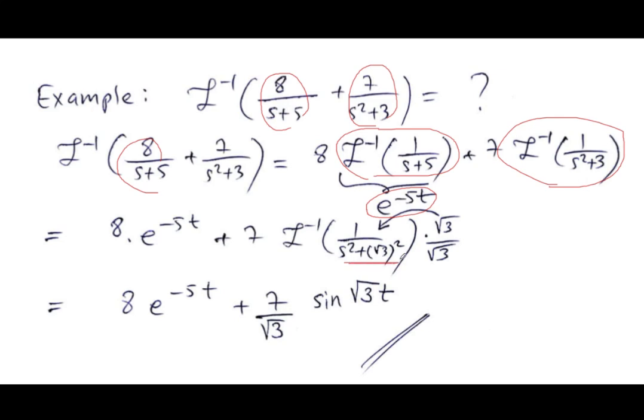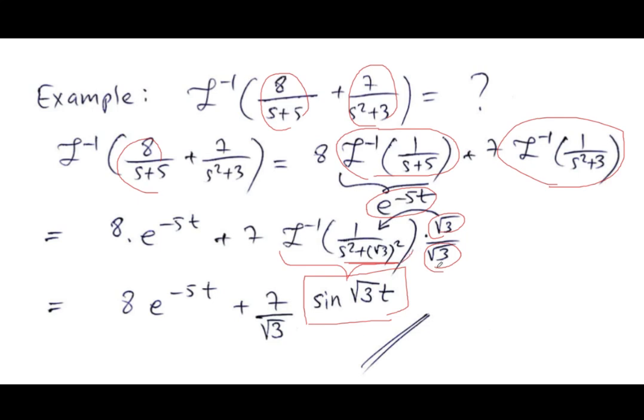As you see, we just rewrite it. We have written this again, and then we multiply and divide by the square root of 3. And doing this, we can take one of this square root of 3 inside into the numerator, and then this gives us the sine of square root of 3 times t as the inverse Laplace transform for this expression here.